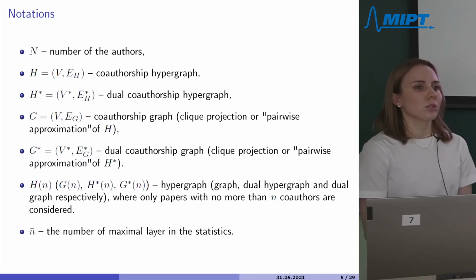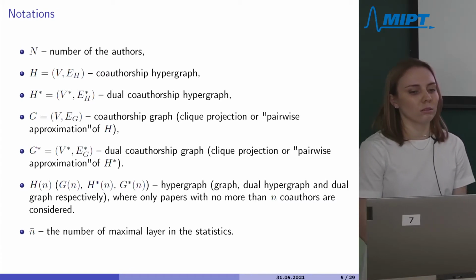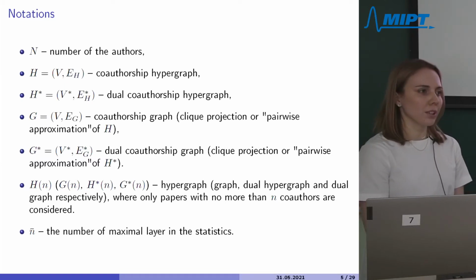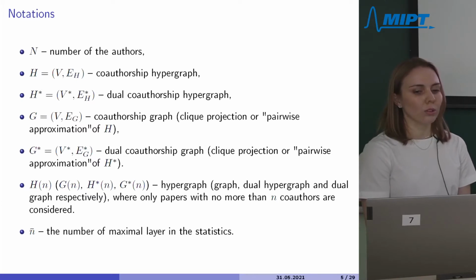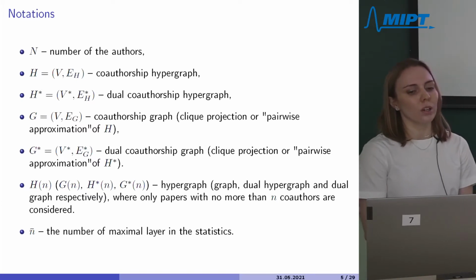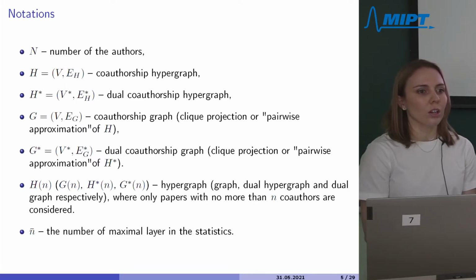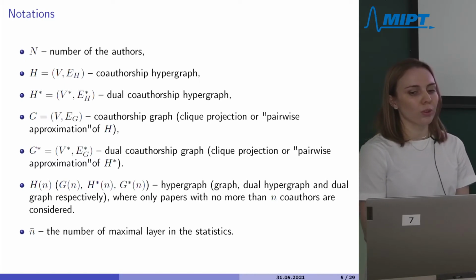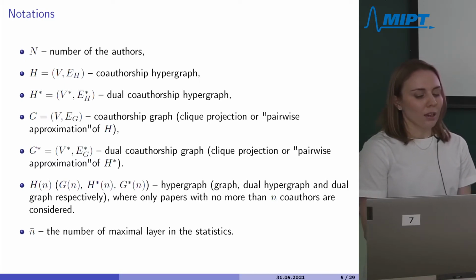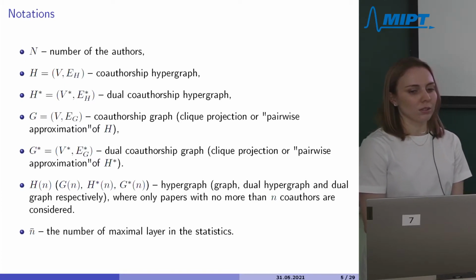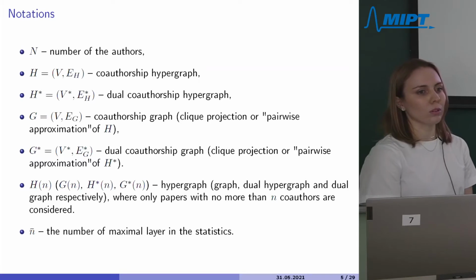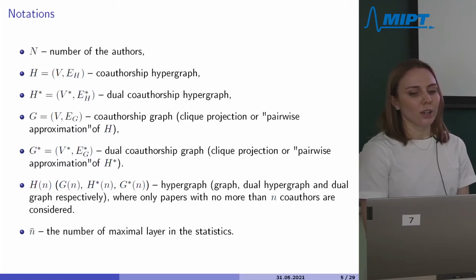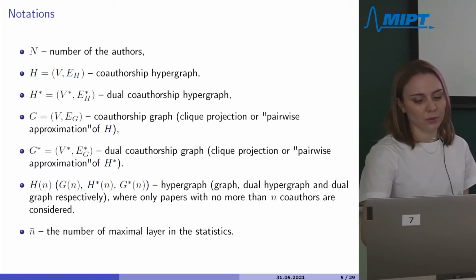We also introduce the notation H with small n as a hypergraph obtained for level n, so a hypergraph or dual one or clique projection obtained with information only about the papers with no more than n authors. And n with bar is the maximal layer, the maximal number of authors in a paper in the database for the respective field.